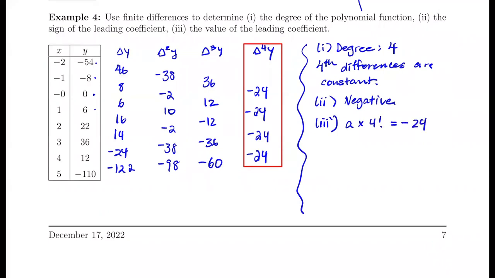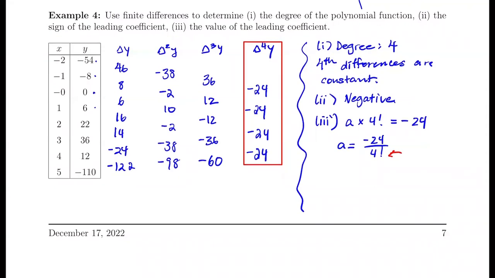Solving for this, a is negative 24 divided by 4 factorial. 4 factorial is simply 4 times 3 times 2 times 1, which is equal to 24. So negative 24 divided by 24, we have a is equal to negative 1. So the value of the leading coefficient is negative 1.